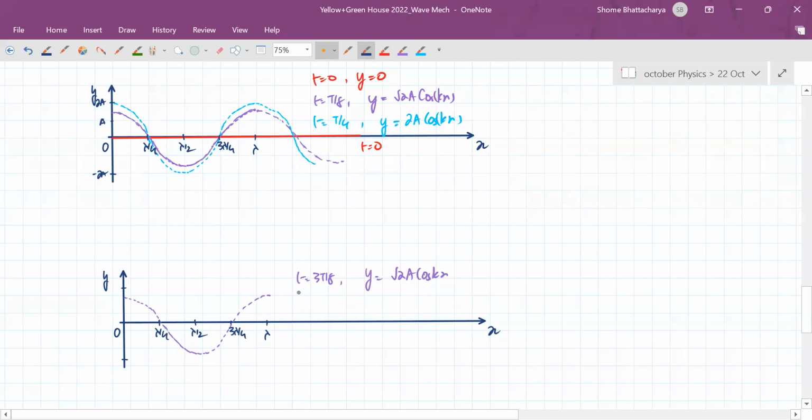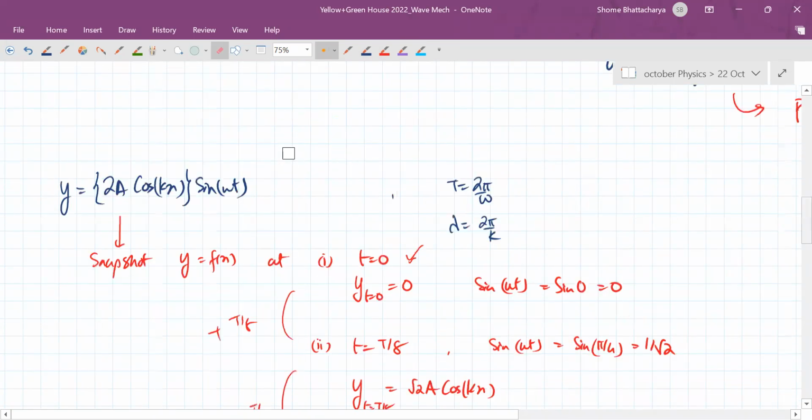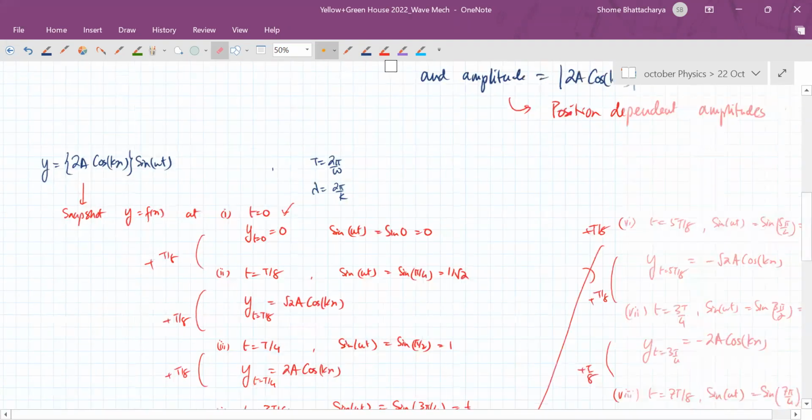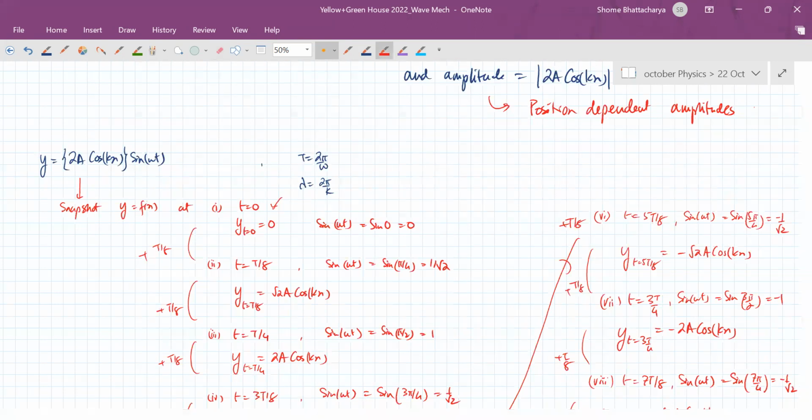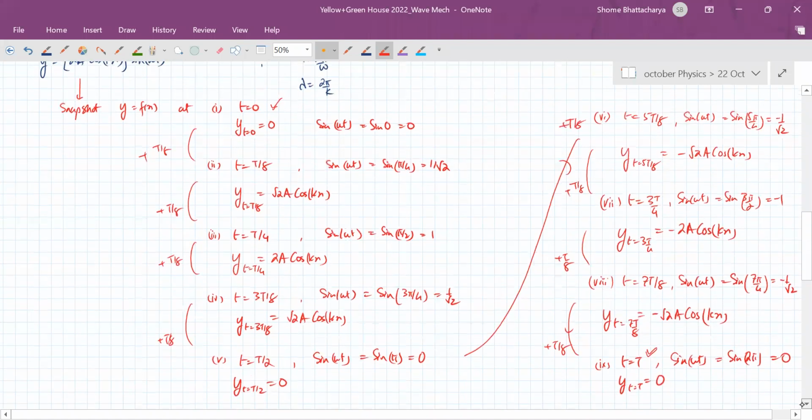Then the next plot we take. So we had T by 8, then T by 4, then 3T by 8, then T by 2.